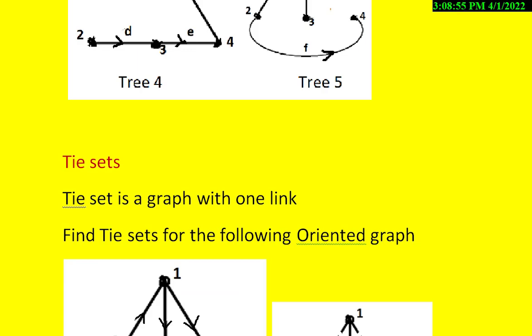We have seen what is meant by graph, and we have seen what is oriented graph, and we also saw the links, twigs, tree, cotree, and tie sets, and how to get the number of tie sets, and also how to get the number of trees is discussed.